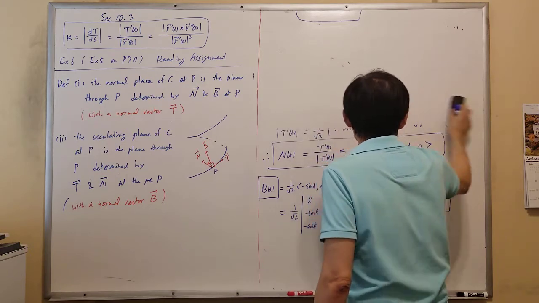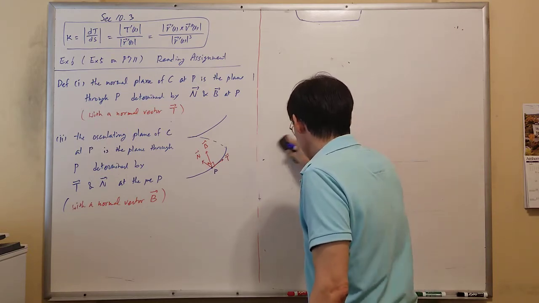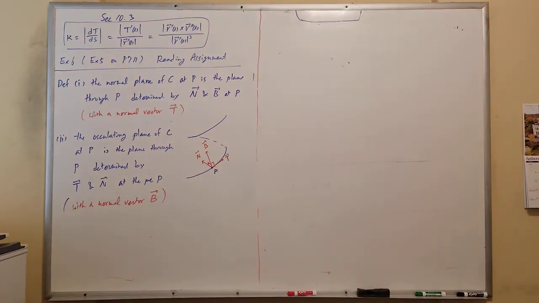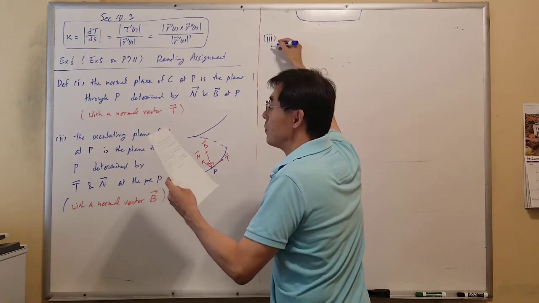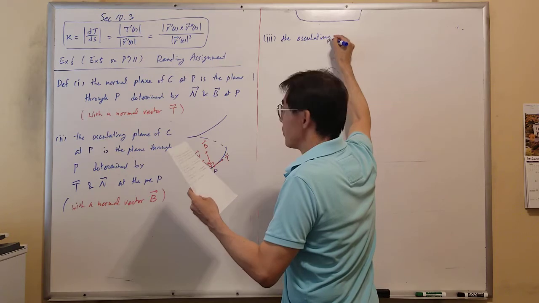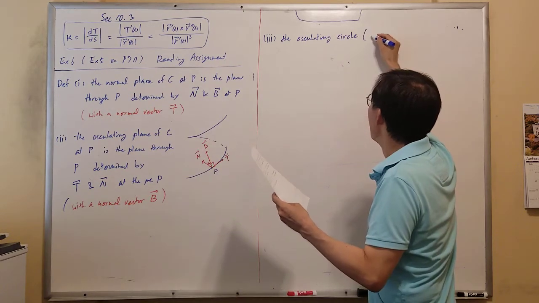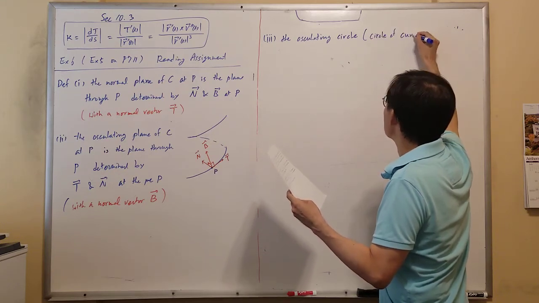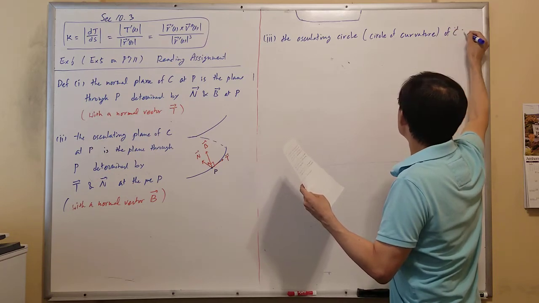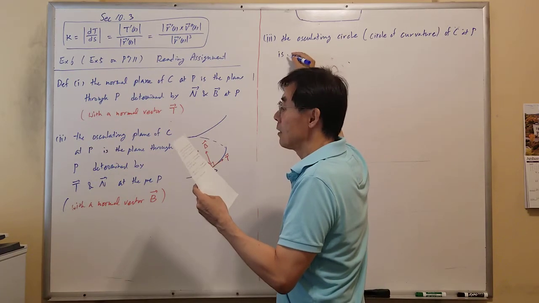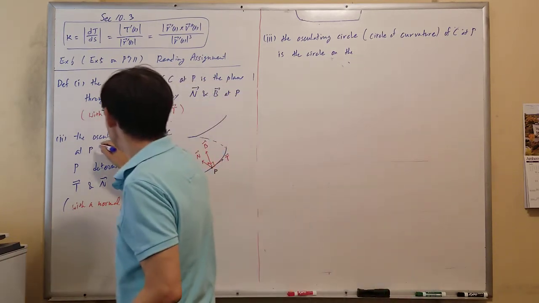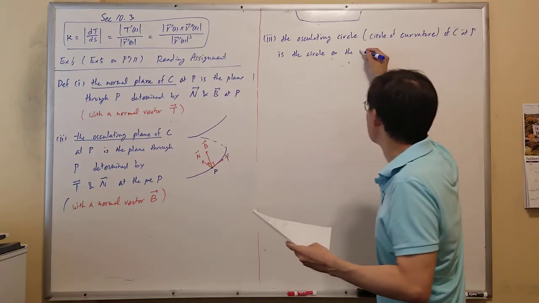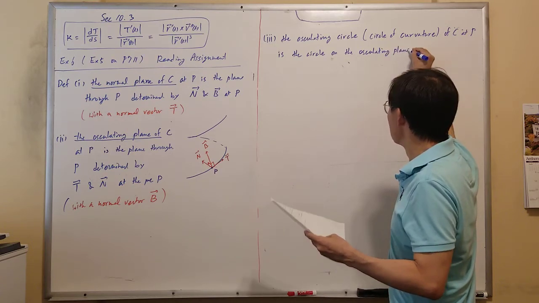Third, osculating circle, or circle of curvature of curve C at P is the circle on this osculating plane.